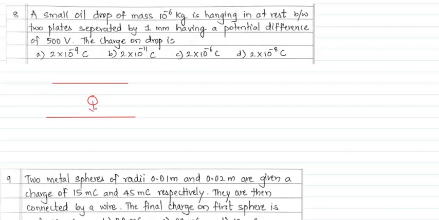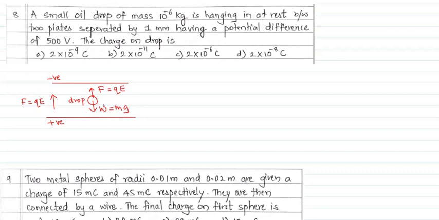So its weight, that is W is equal to mg, is acting downward. It is hanging at rest, means in the opposite direction there is a force acting due to the electric field. That force F is given by Q into E. So this is a positive plate, this is a negative plate. So there is a force acting in the opposite direction, because of which that drop is at rest, or hanging between two plates.